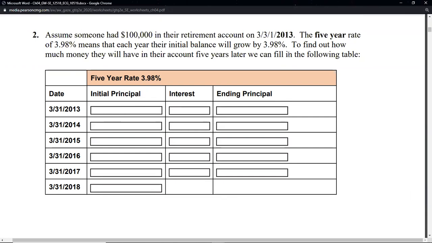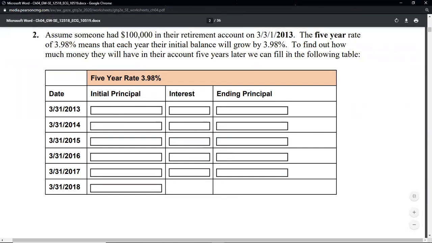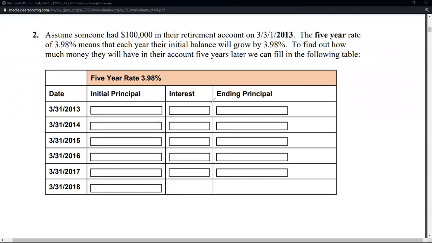I'm going to do a write-up of what I say afterwards, but you can see how this has a row for March 31st, 2013. So basically this is just a row for every year. Then 1 year later, 2014, 1 year later, 2015, 1 year later, 2016. So I'm going to do 2 rows of this.